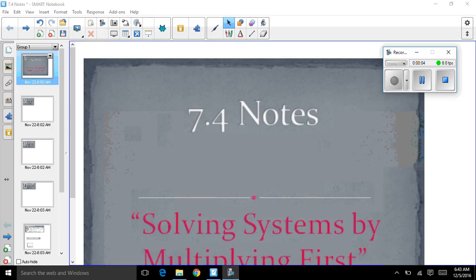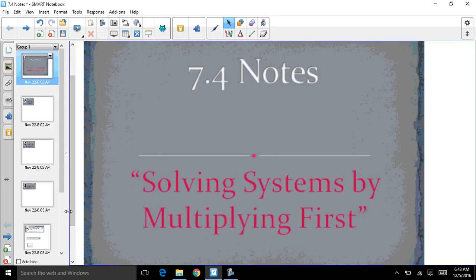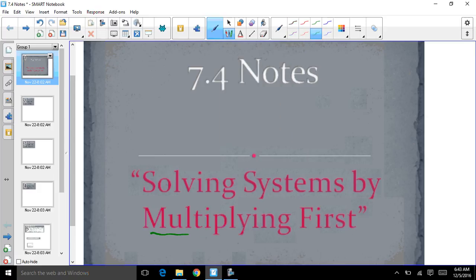I wanted to quickly go through the 7.4 notes with you. This is another way that we can learn how to solve systems. It's another technique that we have. In certain situations, it can actually be easier to multiply first. We can always graph, but that's not really convenient most of the time.